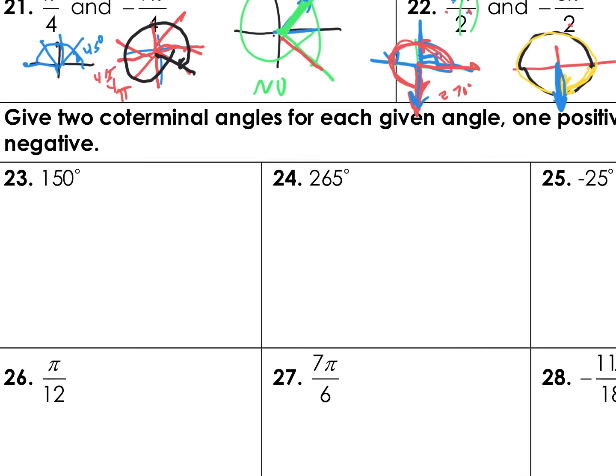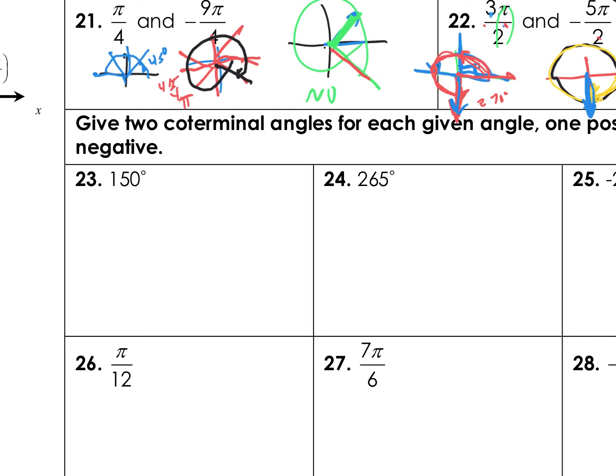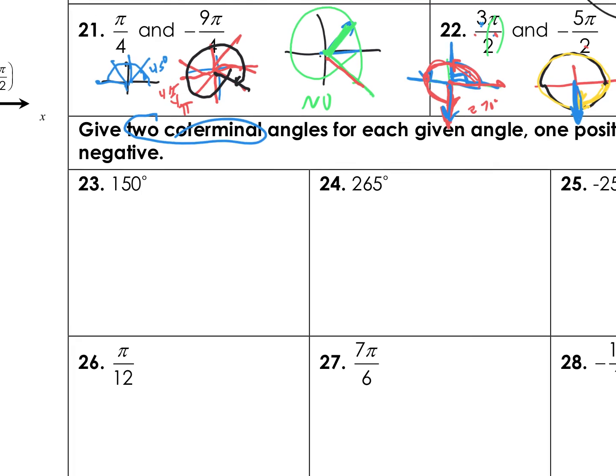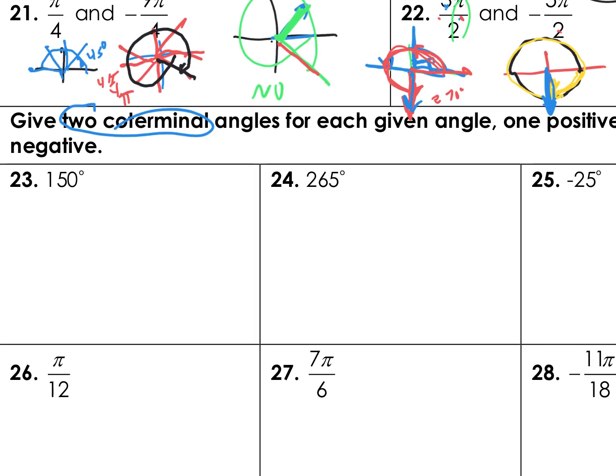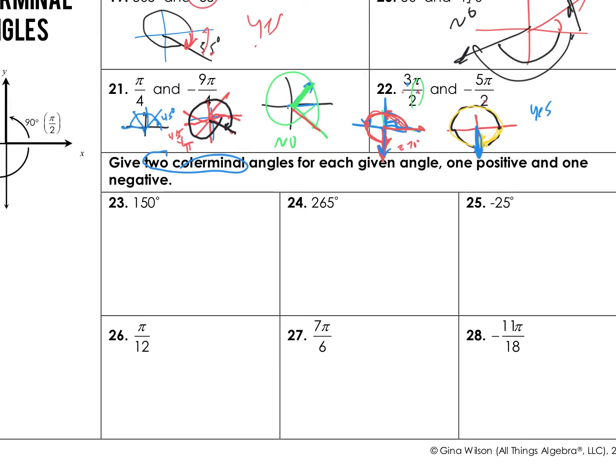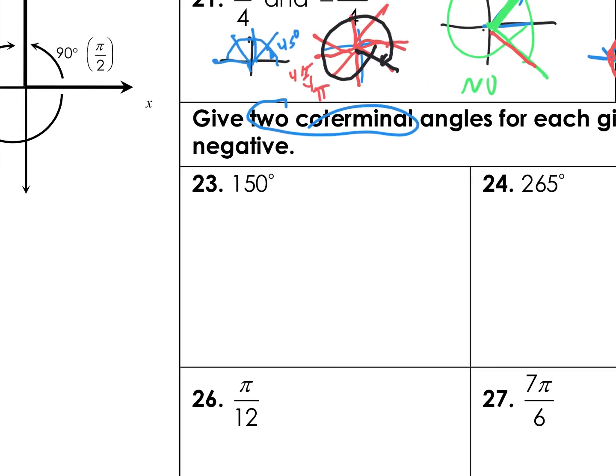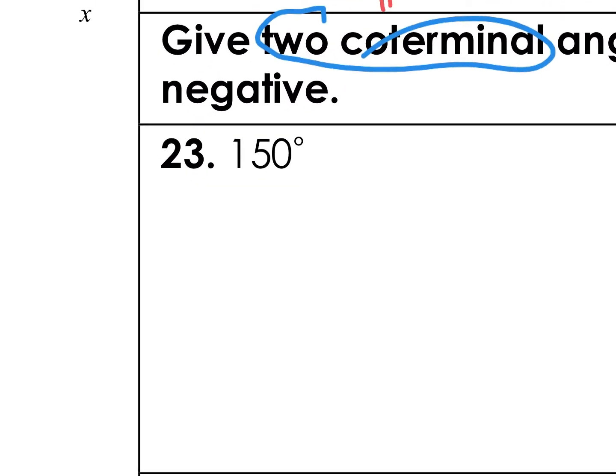The remaining problems want us to find 2 coterminal angles, and it'd be so easy if they didn't give me any rules. Like right now there's rules. They want a positive one and a negative one. If they didn't give me any rules, it's really simple. If I have a 150-degree angle, that's less than 180, so it has to be out here. There's one angle.